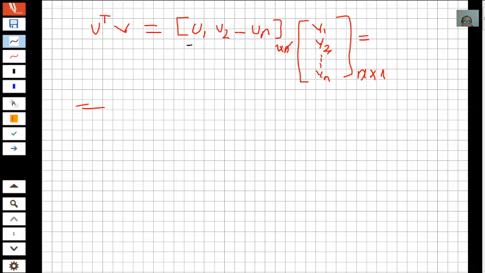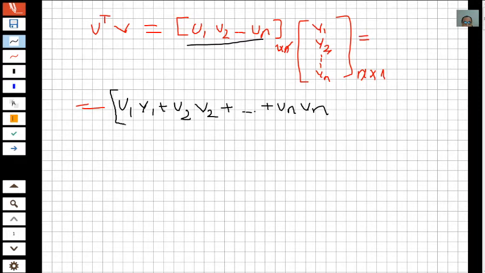According to the rule, we take the row and the column for applying multiplication. So we have u1 times v1 plus u2 times v2 plus and so on, un times vn. We have a 1 by 1 matrix. Namely, just we have a single entry for the result of the matrix multiplication of the transpose of u and v.